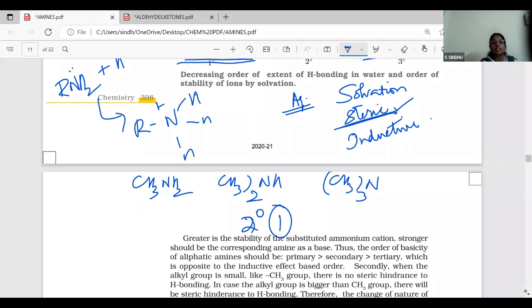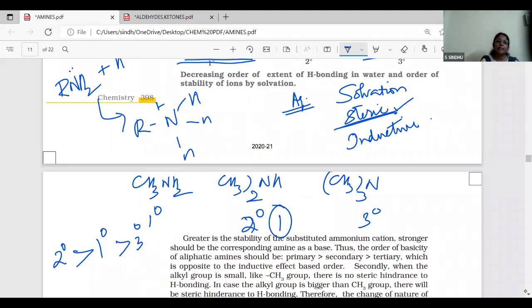And when it comes to the small methyl group, which factor dominates? Is it solvation or inductive? So secondary amine is most basic, then comes tertiary and primary for methanamine, methyl. This is the order, right?